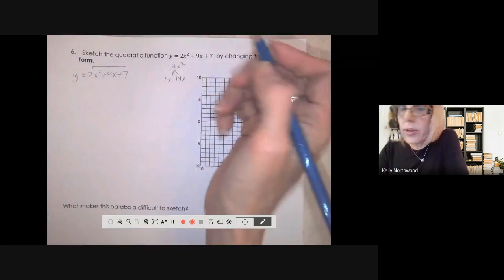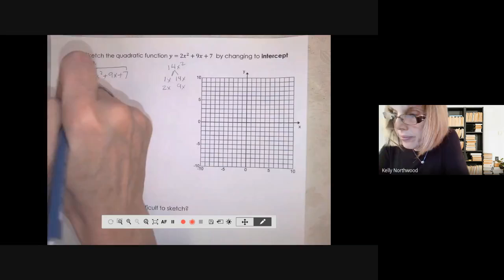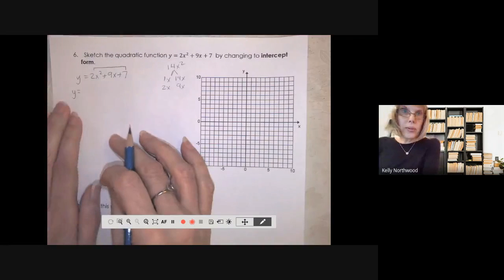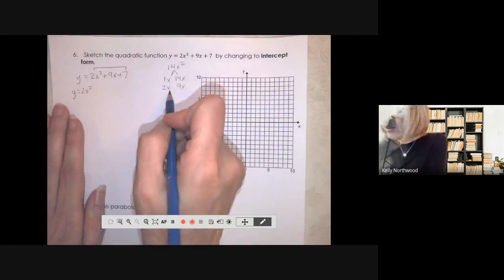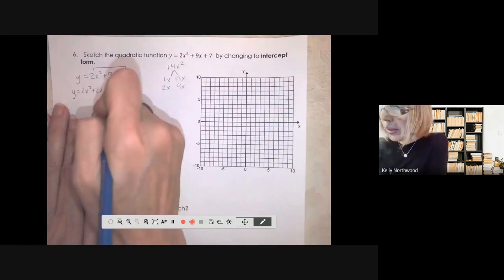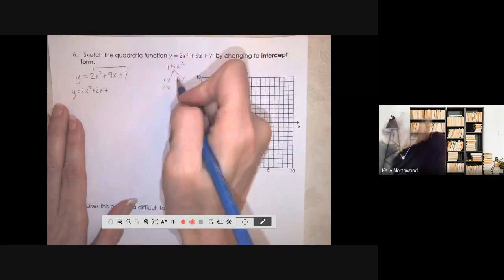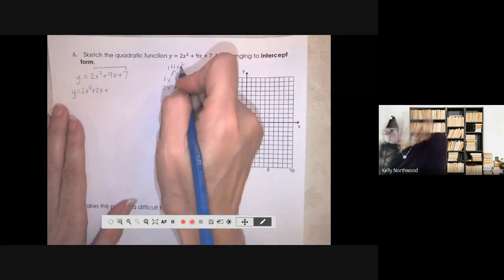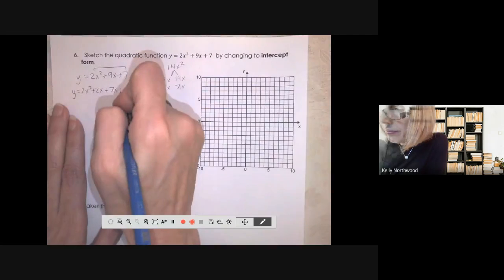It's not 1x and 14x, but it is 2x and 7x. So keep your y equals, there's my 2x squared, 2x has more in common, then plus, oops, this should have been a 7 over here. My bad. 2x times 7x is 14x squared, 2x plus 7x is 9x.